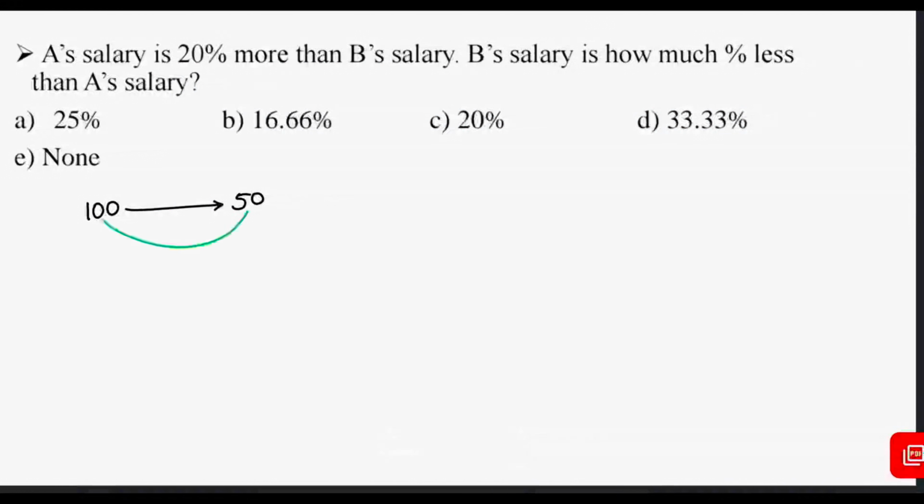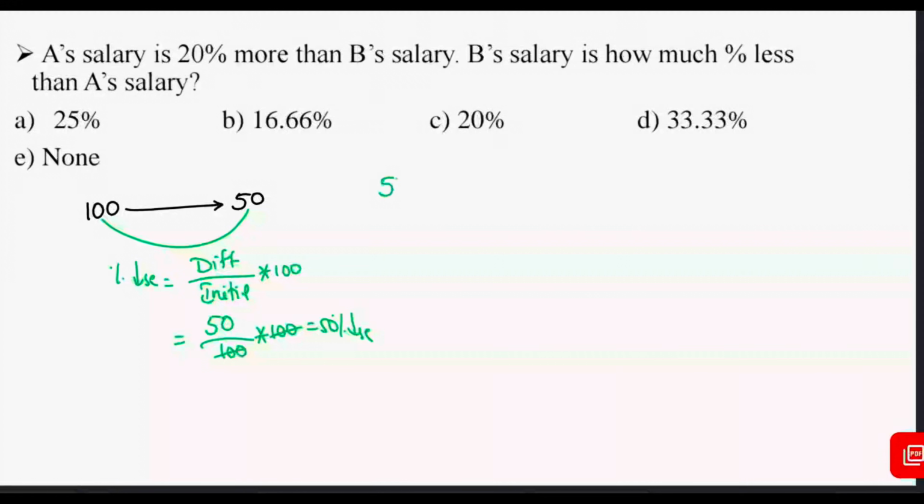100 to 50, percentage decrease. How much percentage decrease? It's nothing but difference by initial into 100. Difference equals 50, initial value is 100, into 100. 100 is cancelled, 50 percent is decrease.